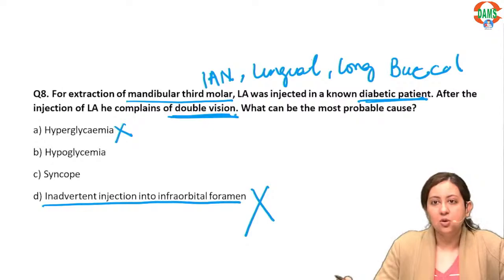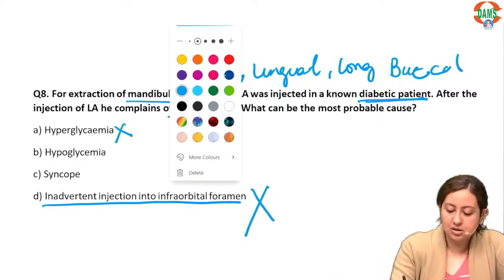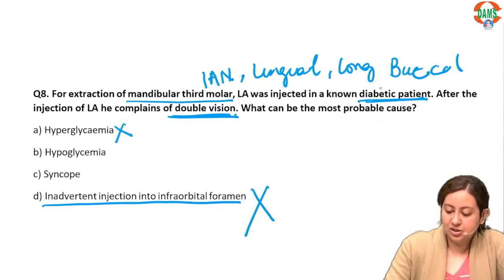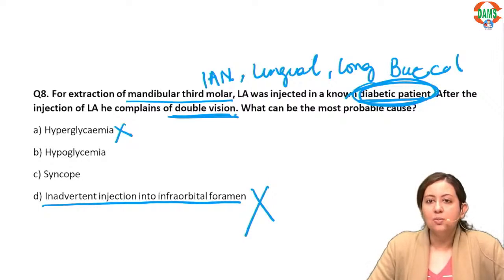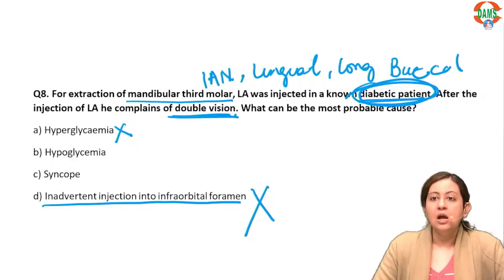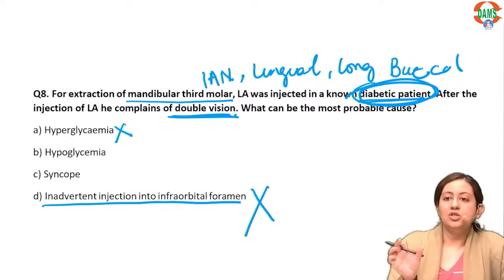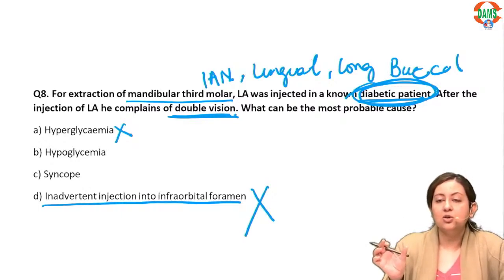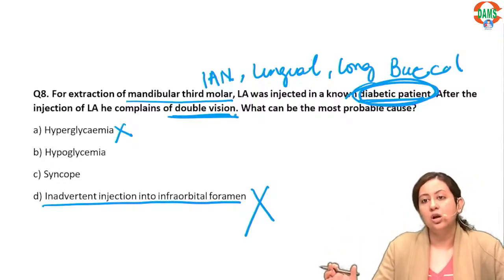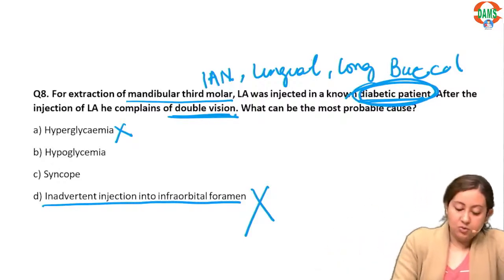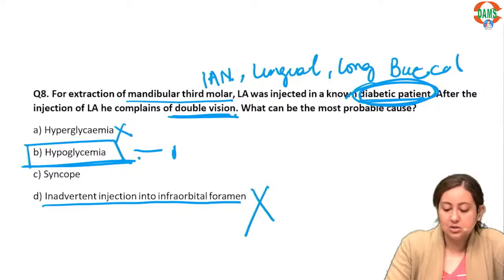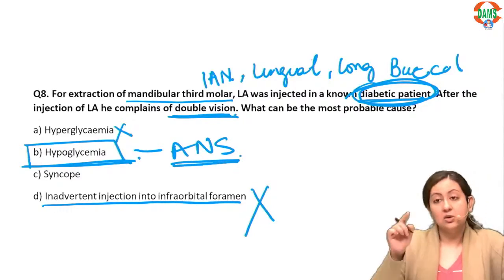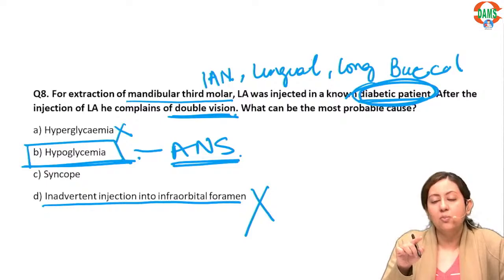But if your question mentions a diabetic patient, then what is the reason the diabetic patient will have syncope? It is hypoglycemia. The cause behind a diabetic patient having double vision, feeling dizzy, fainting on your chair, would be hypoglycemia, and this is your answer.